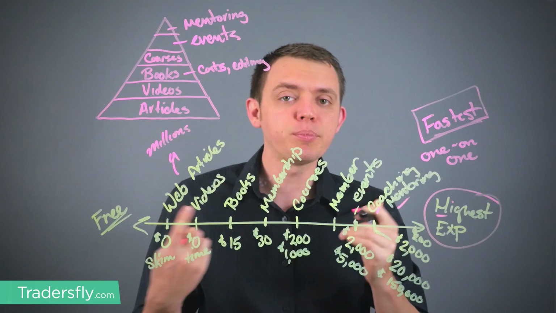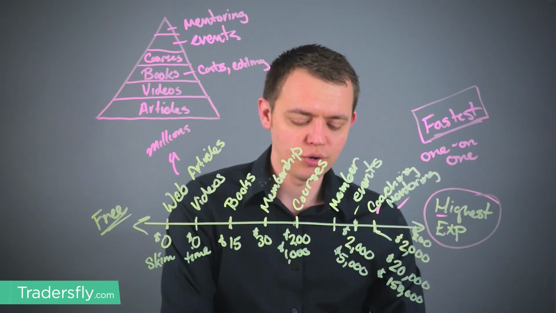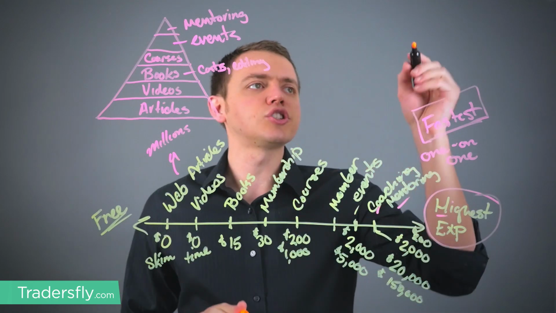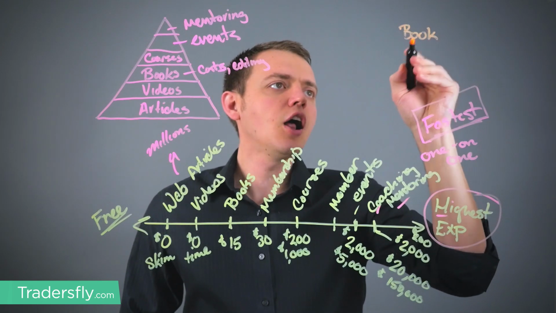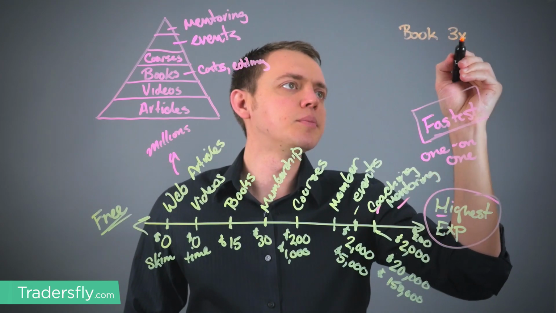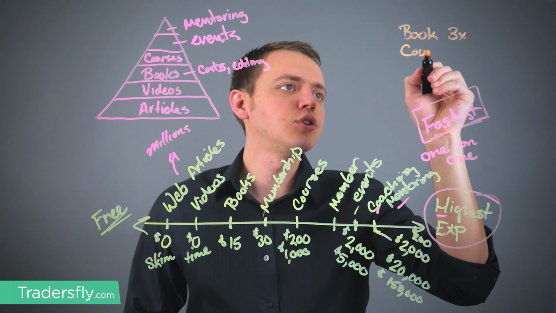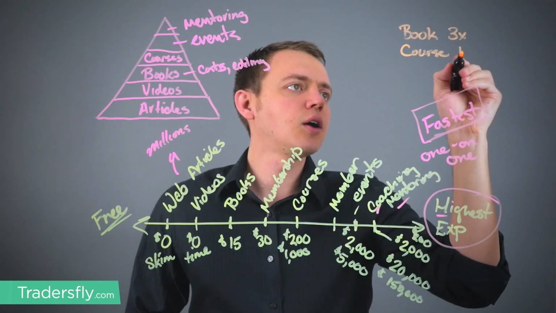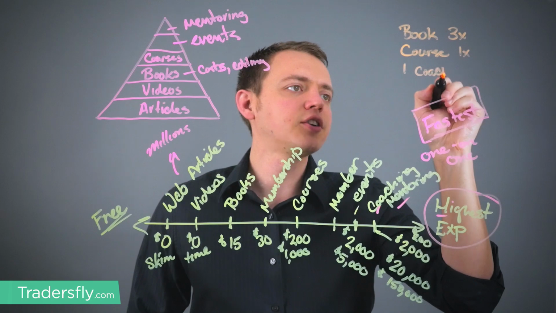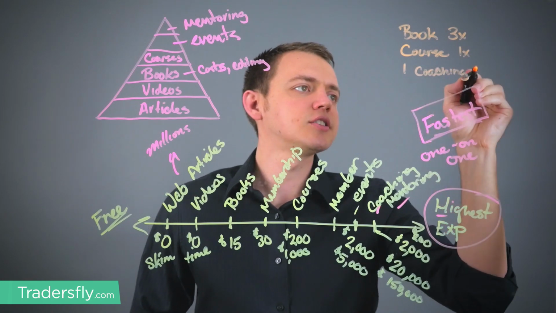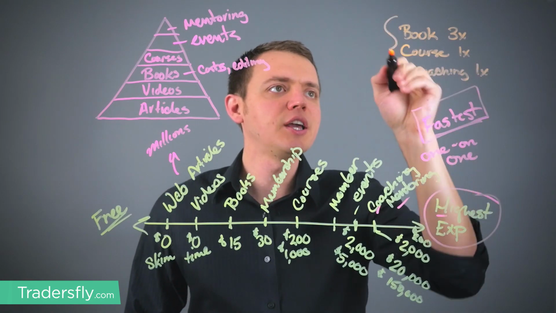Now, granted, I personally recommend a combination. So for example, you start combining things. You might say, okay, I'll read, let's say, 3 books this month, then do one course this month, and 1 coaching or mentoring session this month. So you basically do a combination.